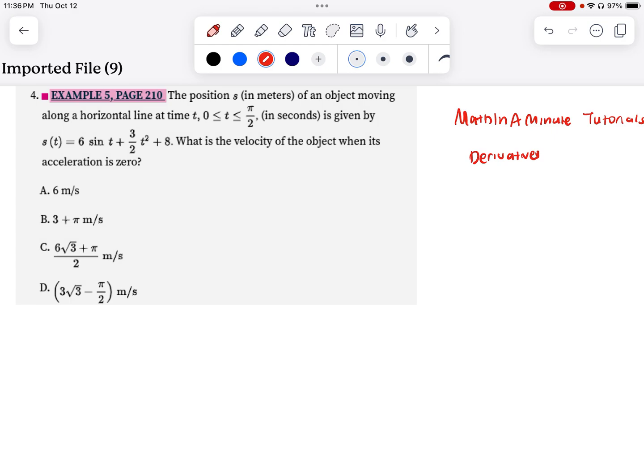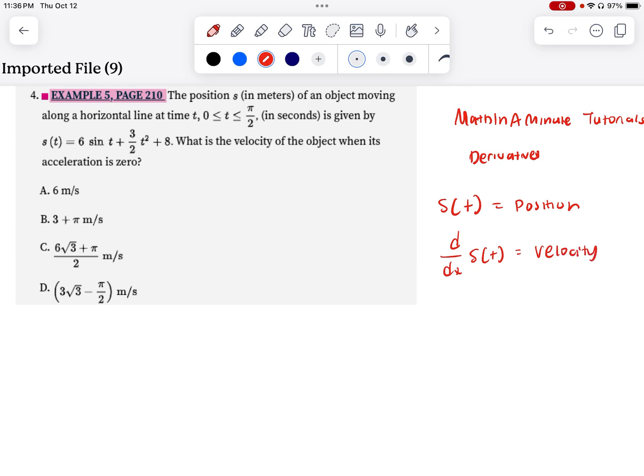So basically, the function in and of itself, s of t, is essentially the equation for the position. This is something you need to know. And the derivative of that function is essentially the velocity.